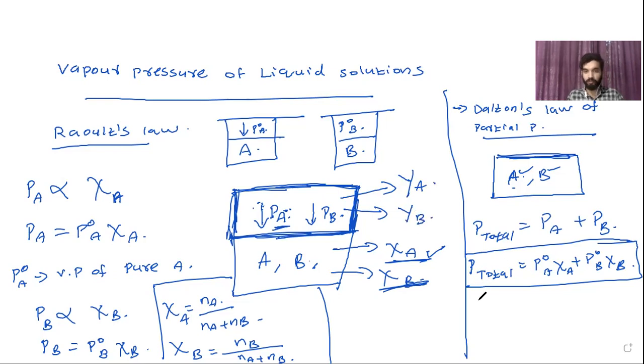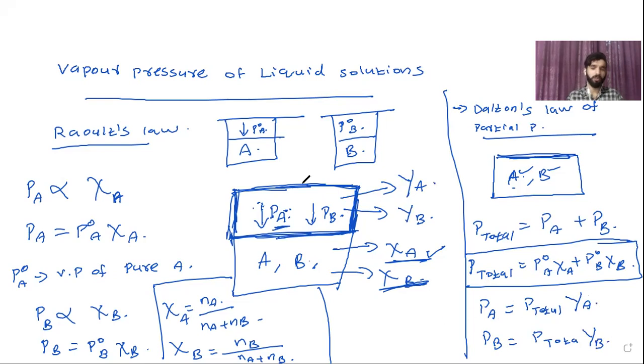So if we know the total pressure, then the partial pressure of A is equal to P total into YA, and PB equal to P total into YB.